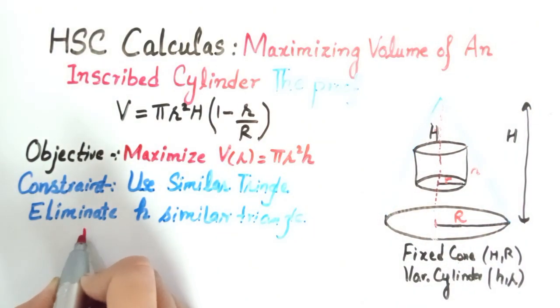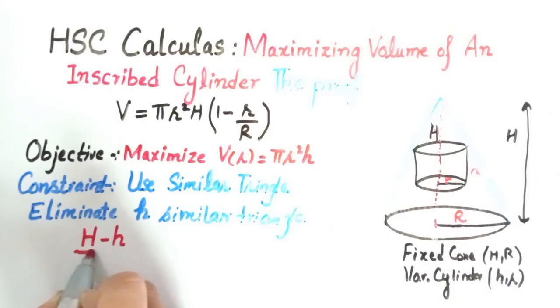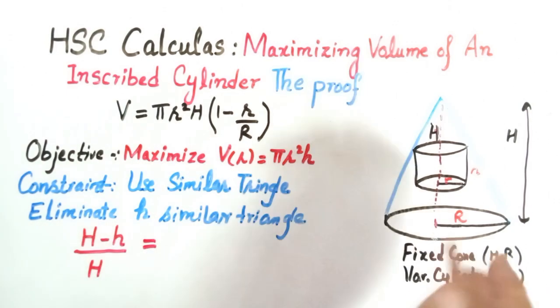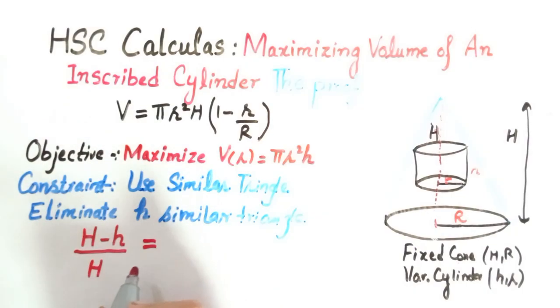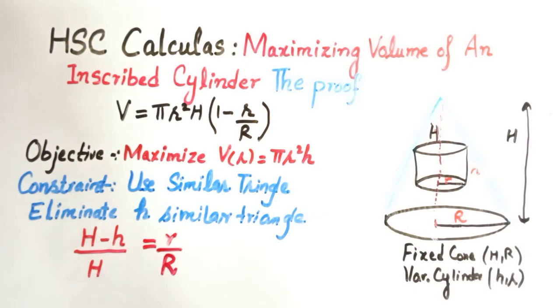The comparison of these heights is (capital H minus small h) divided by capital H, and the radii give small r by capital R. This is the comparison of similar triangles.